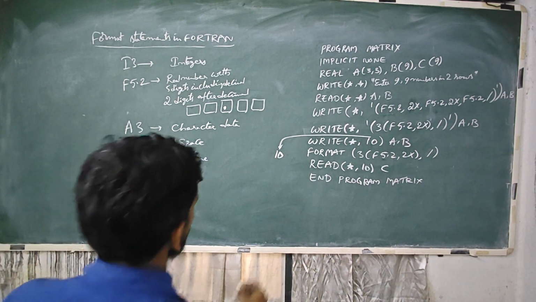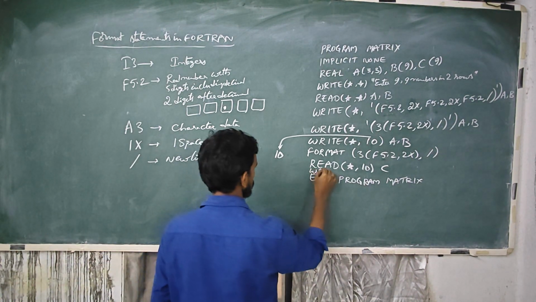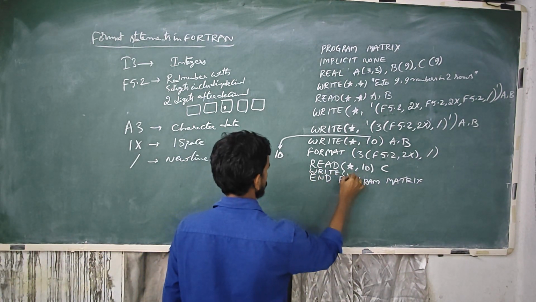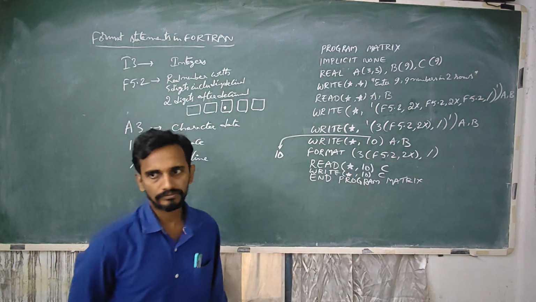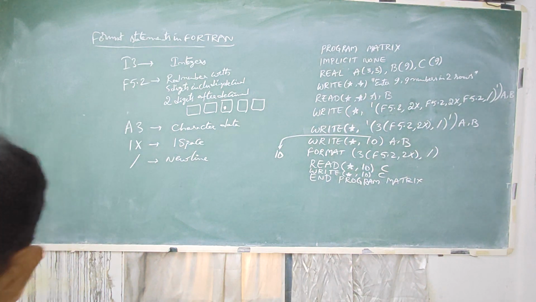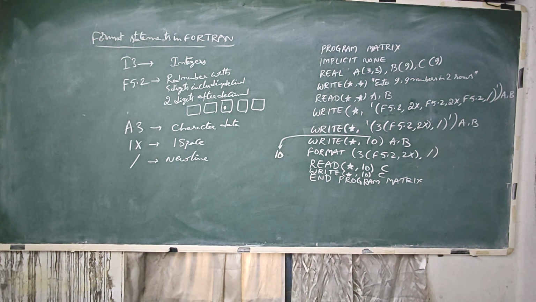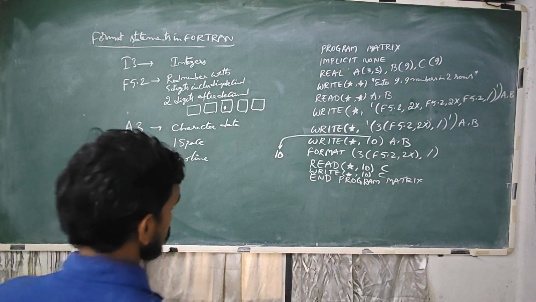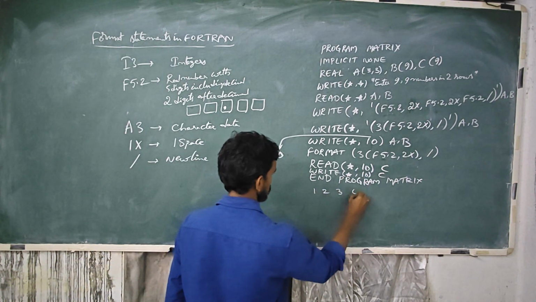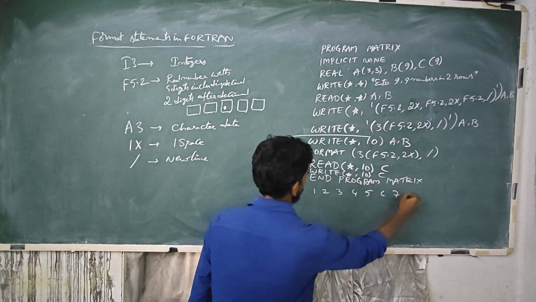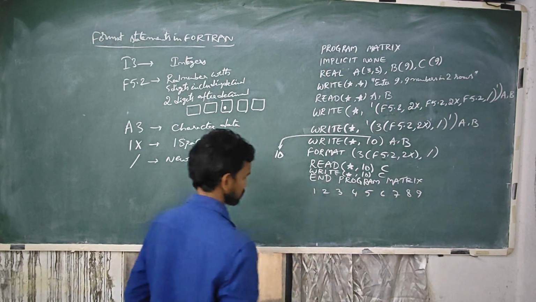To confirm the input you are giving in, print it also. So what was your input for this? 1 space, 2 space, 3 space, 4 space, 5, 6, 7, 8, 9, all single spaces.